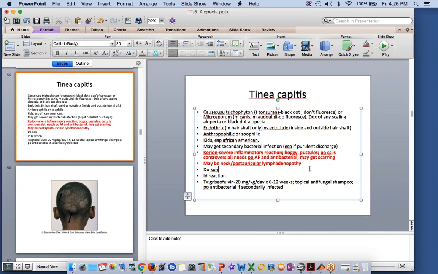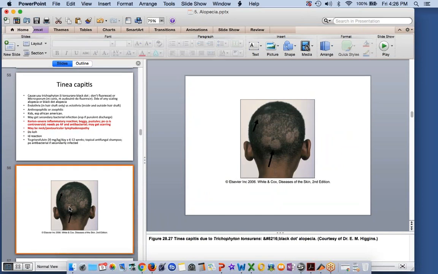Once you see that, you'll be very impressed with the severity of the inflammation. It's pretty severe, and you can feel nodes quite easily. When treated with systemic therapy, it probably takes about 2 to 3 months of treatment before the lymphadenopathy starts to recede.